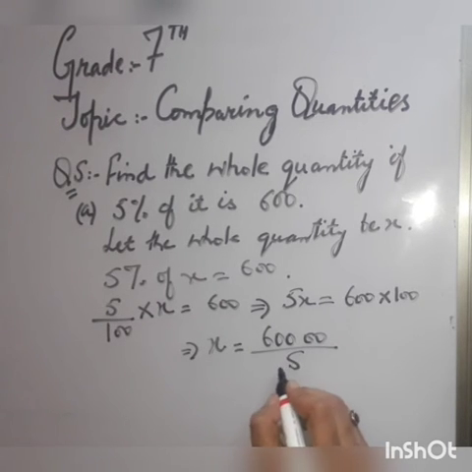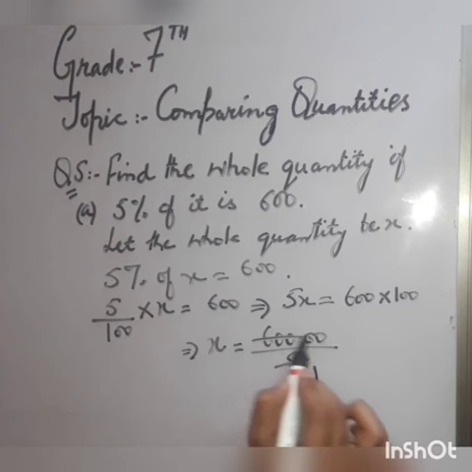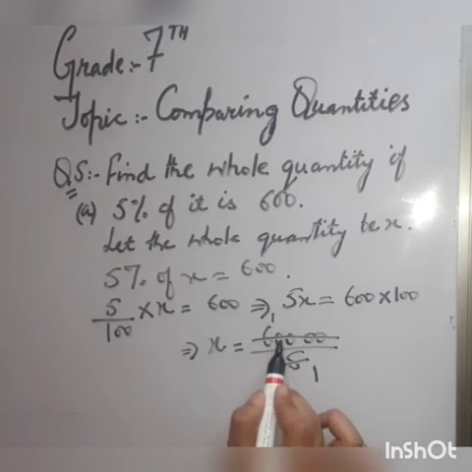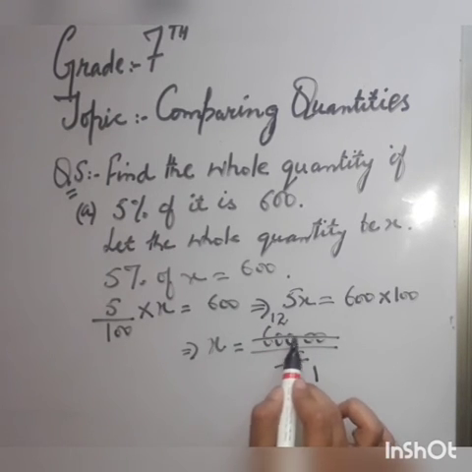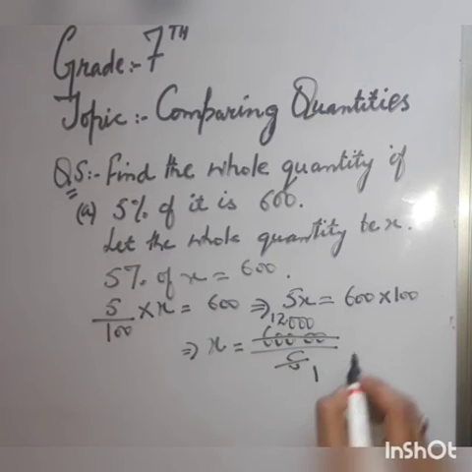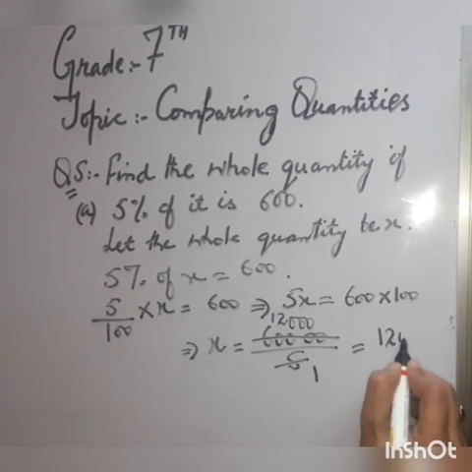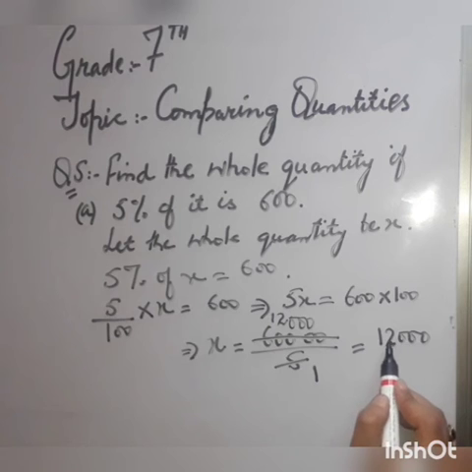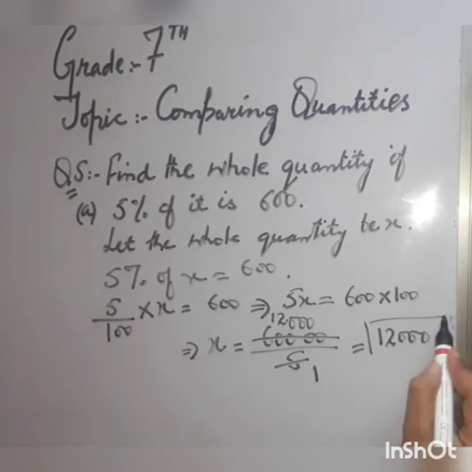Clear? Now 5 1s are 5, 5 12s are 60, and we are left with 3 zeros. So the whole quantity is 12,000. Clear?